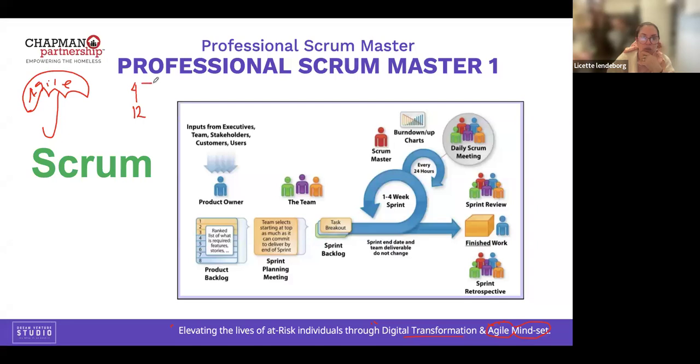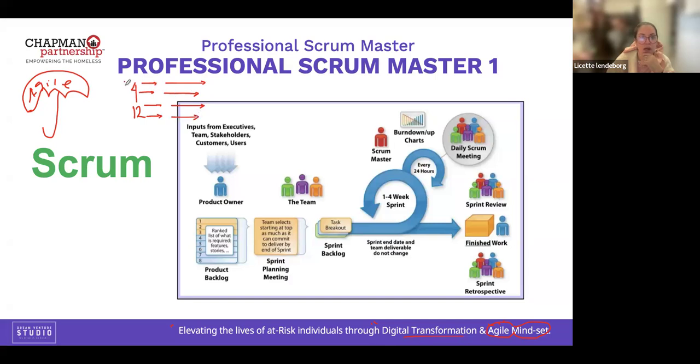Individuals are more important than tools. Changes are welcome all the time, better than following a plan. Customer collaboration is better than contract negotiation. And value number 4 is that working software is better than comprehensive documentation.